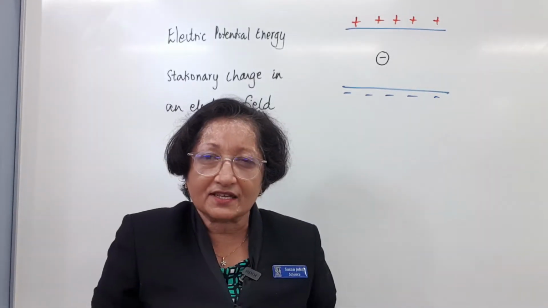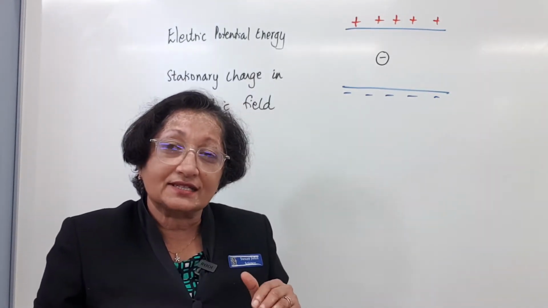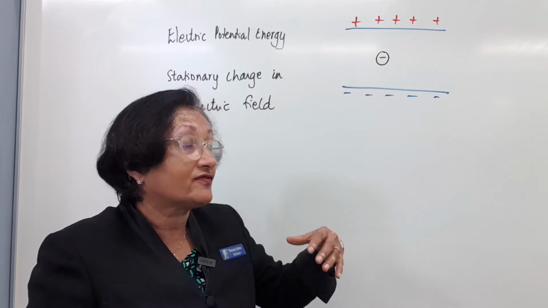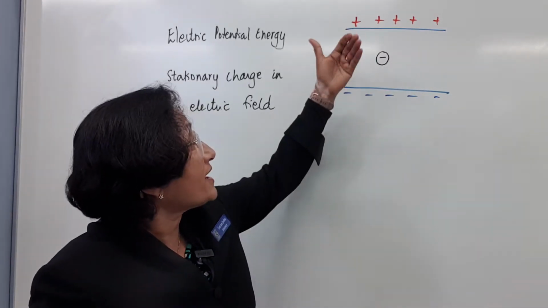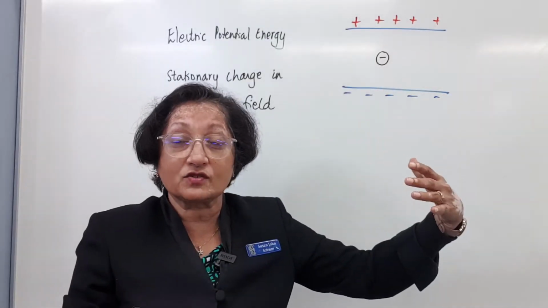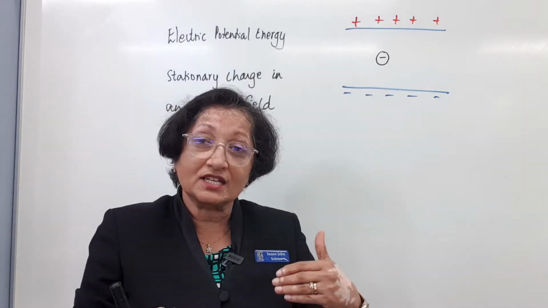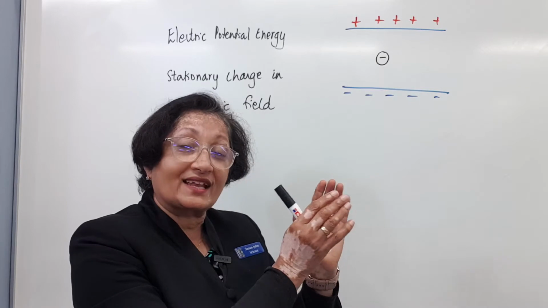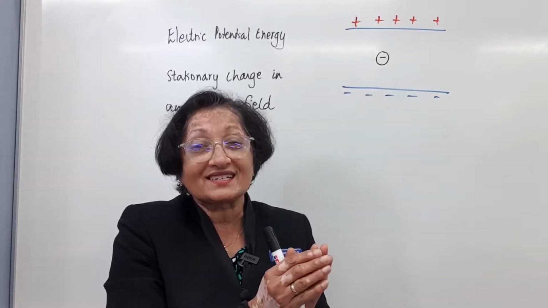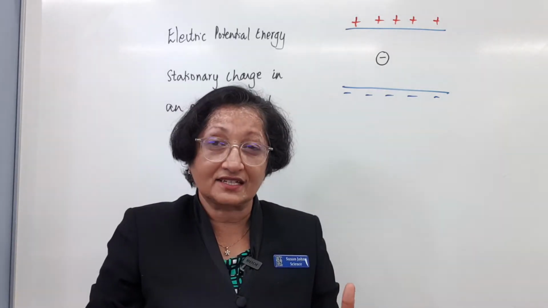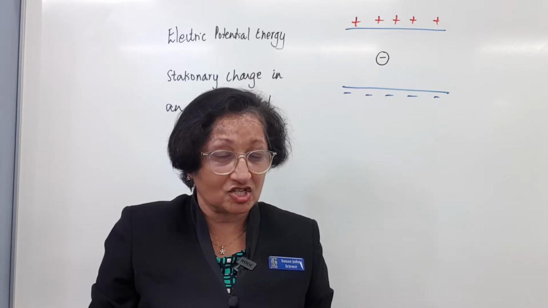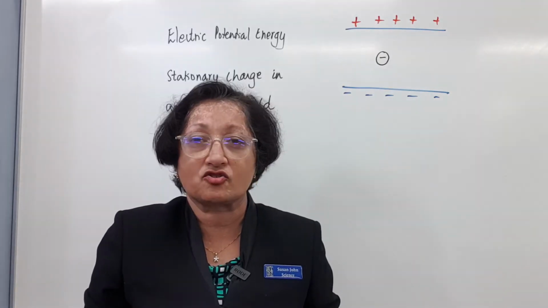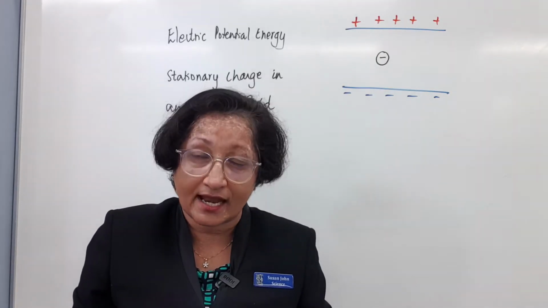The negative charge is going to feel a force and get attracted to the positive plate. If it was free to move, it will move in the direction of the electric field, or towards where it likes to go. When it does that, it's going to accelerate and gain kinetic energy. And what is it losing? It's going to lose electric potential energy.